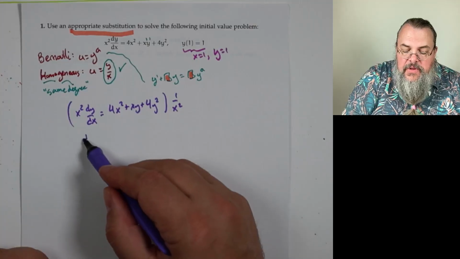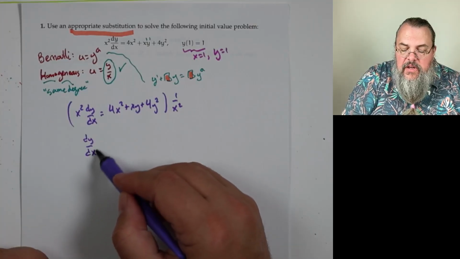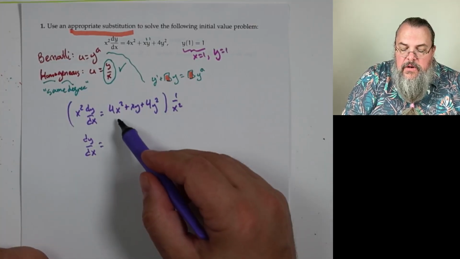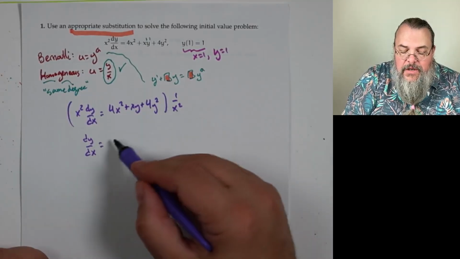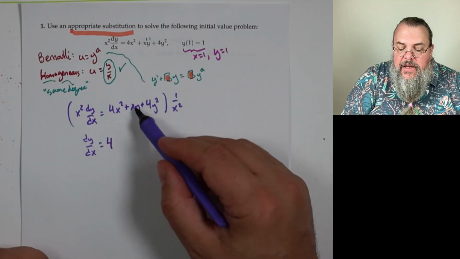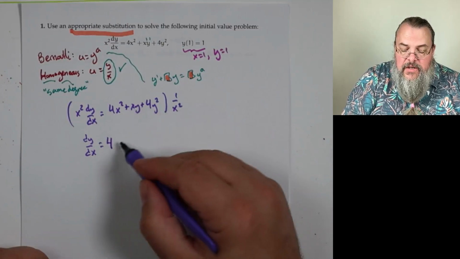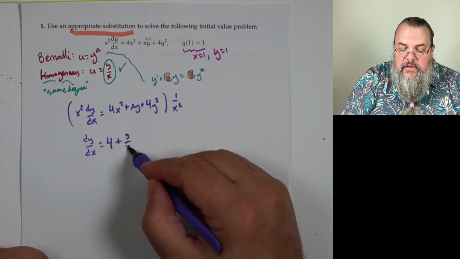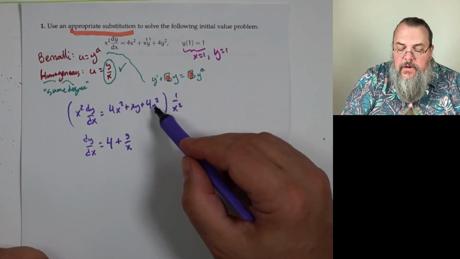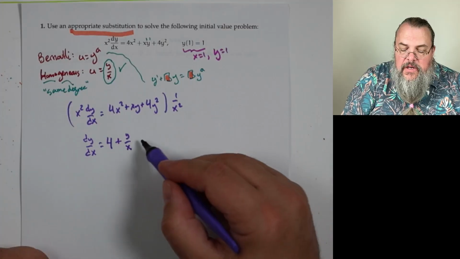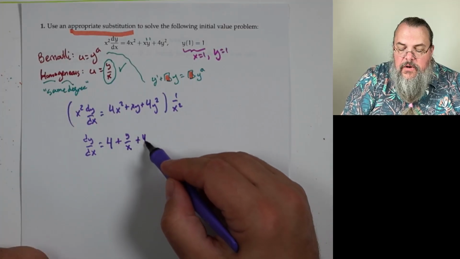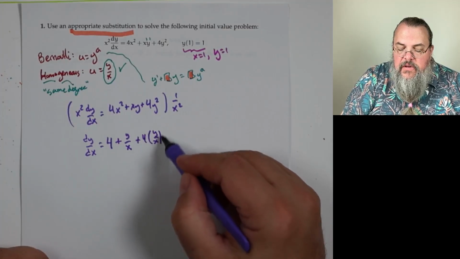And so we get dy over dx is equal to 4x squared times 1 over x squared, 4. X times y times 1 over x squared, y over x. And now 4y squared times 1 over x squared is going to be a 4y over x squared.